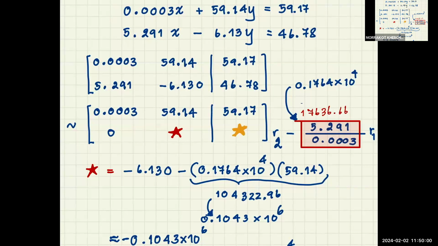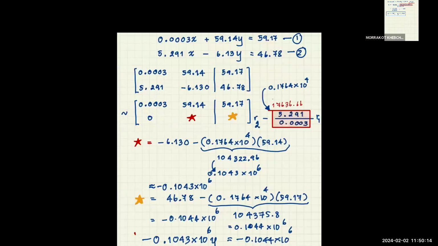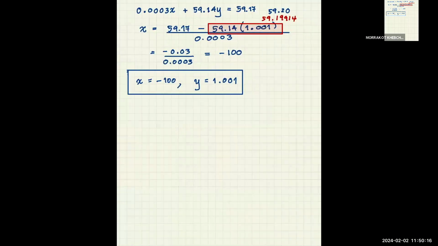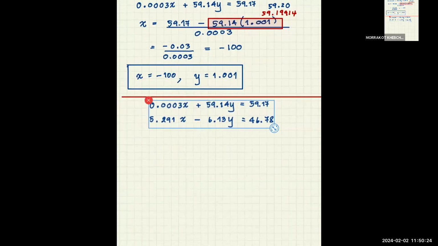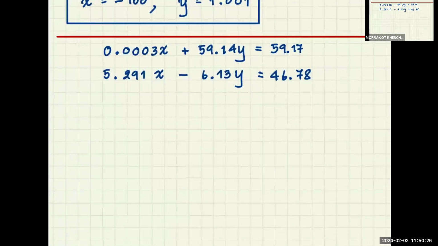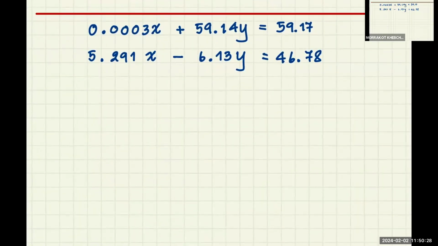And it doesn't matter how you call it, you call this as equation number 1, this as equation number 2. It doesn't matter if I will write down equation number 2 first and then equation number 1, right? So I will paste here. And now I will swap. I will interchange.